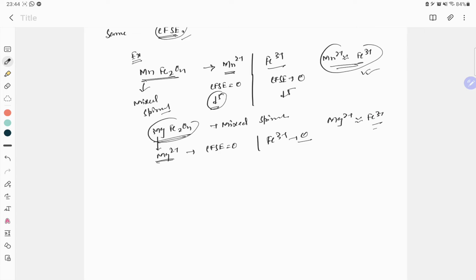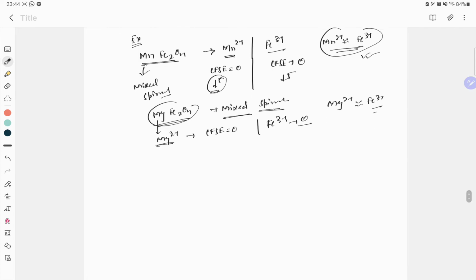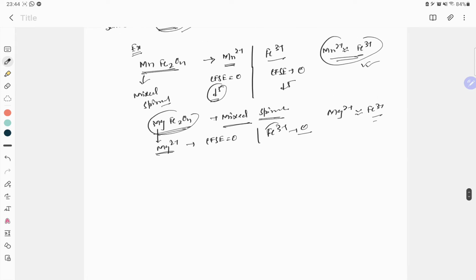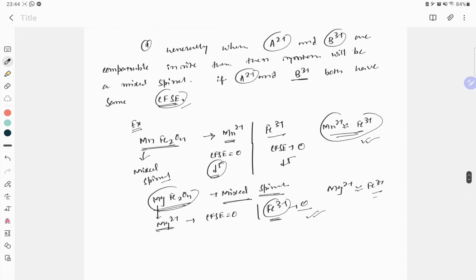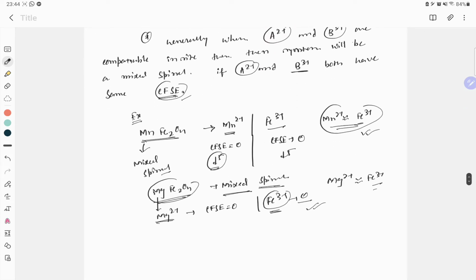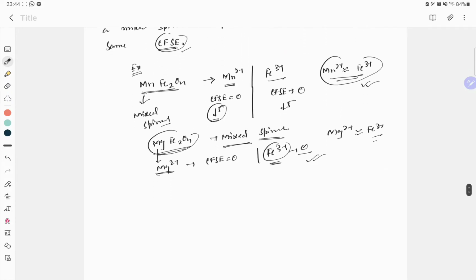So in both cases these are mixed spinel. We can see that Fe is present as Fe3+, but this is not an inverse spinel or a normal spinel, it is a mixed spinel. Both normal and inverse spinel are present in this system.